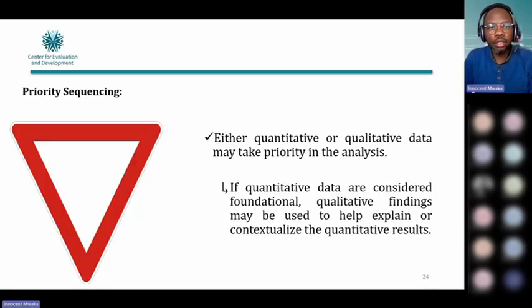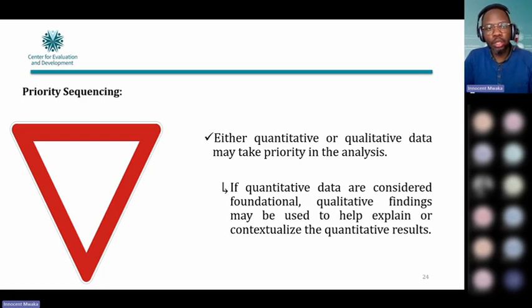And then there's what we're calling priority sequencing. This is a whole different topic on mixed methods: when you're combining the two different approaches, in many cases one might be bigger or heavier, with more emphasis. It's rare that all of them have equal emphasis because of cost and time reasons.